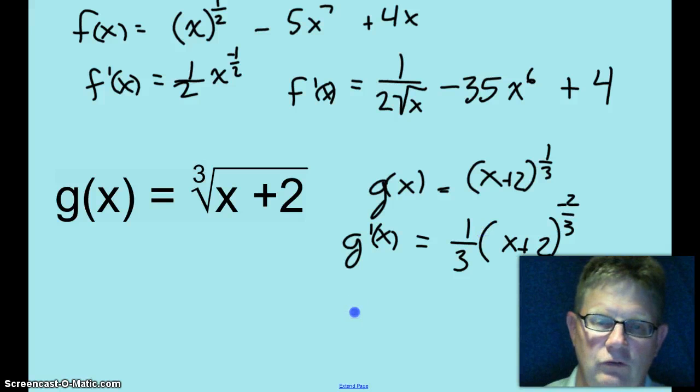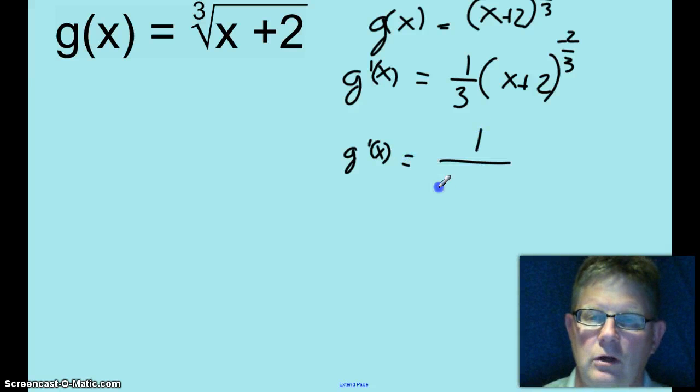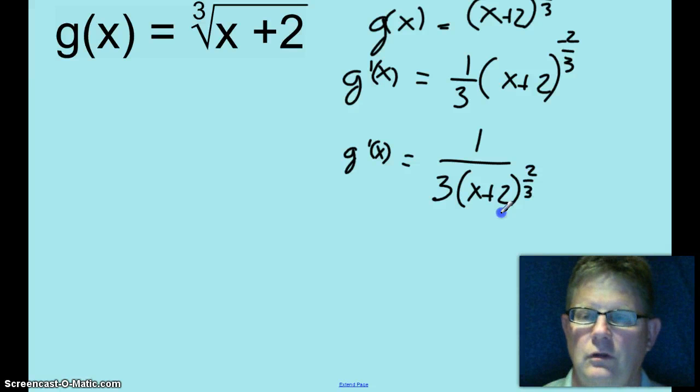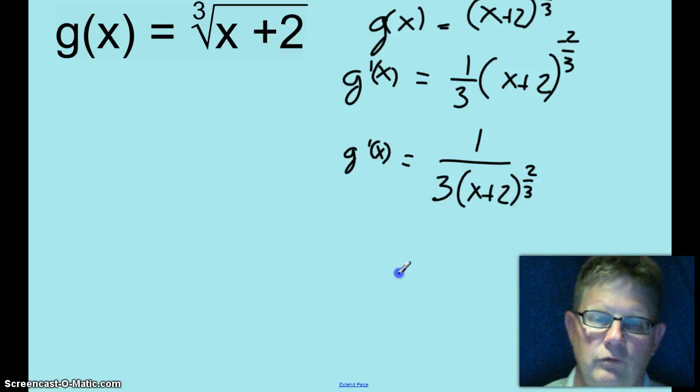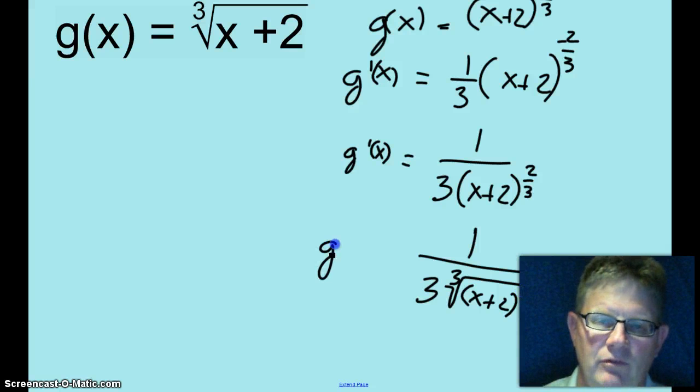Move it downstairs. G prime of x equals 1 over 3 times x plus 2 to the 2/3. So we're squaring it, and because it's to the 1/3, we're taking the cube root of it. So we will write it one more time just for yucks to make it look almost sane. The cube root of x plus 2 quantity squared. And that's what g prime of x would be.